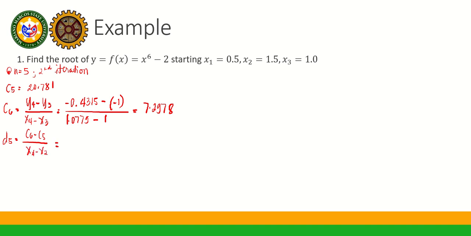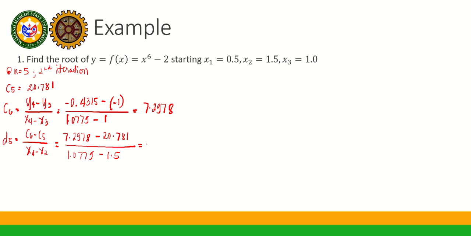Okay, so this will be equal to, so mag-base lang tayo sa formula natin. So c sub 6 is equal to 7.2978 minus c sub 5, 20.781 all over, what is our x sub 4? That is 1.0779 minus x sub 2 natin is 1.5.